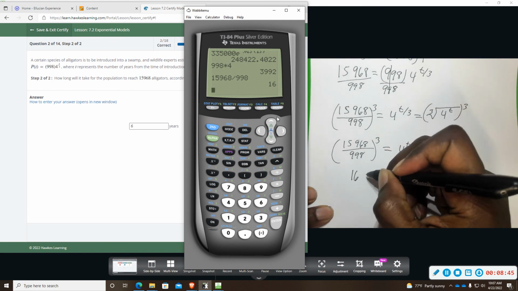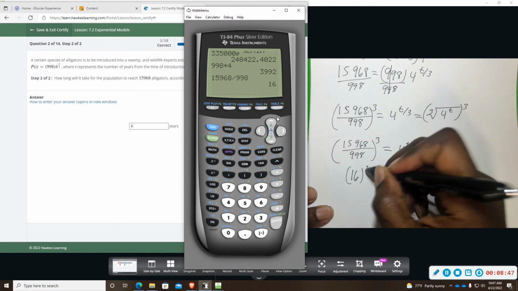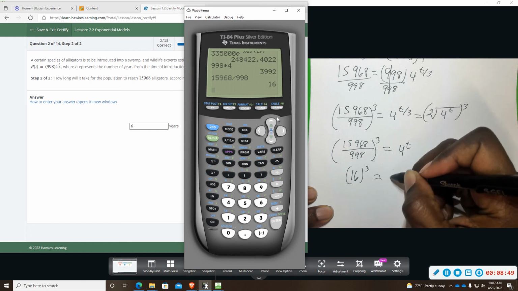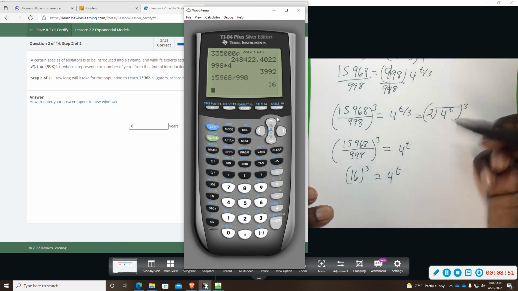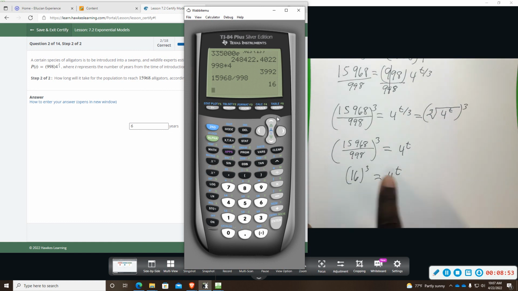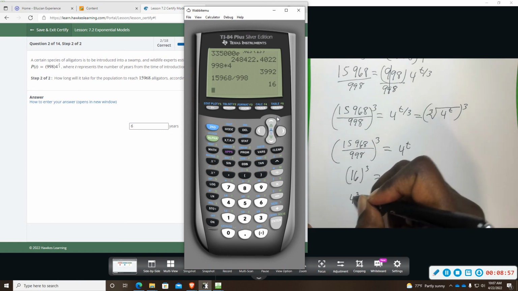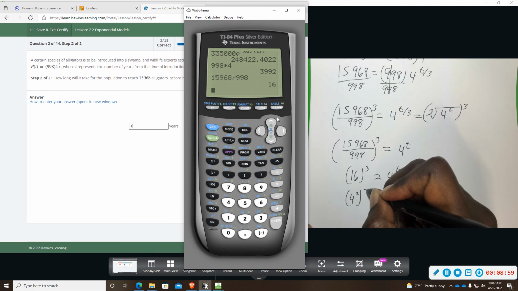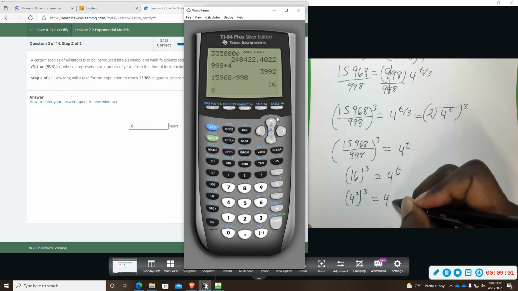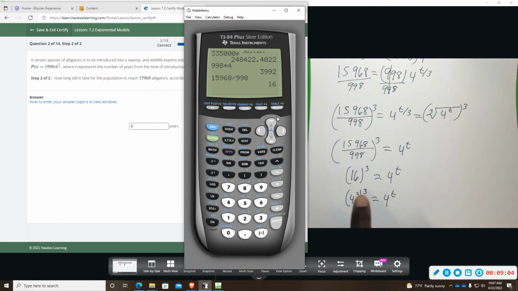16 to the third is equal to 4 to the t. I can rewrite 16 as a base of 4. This is 4 squared raised to the third equals 4 to the t. And then 2 times 3 will give you 6. So you have 4 to the 6th power is equal to 4 to the t power.